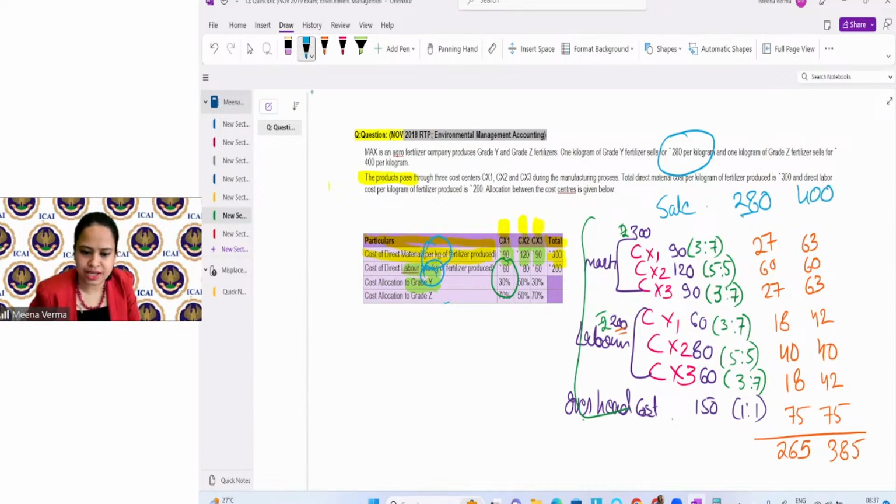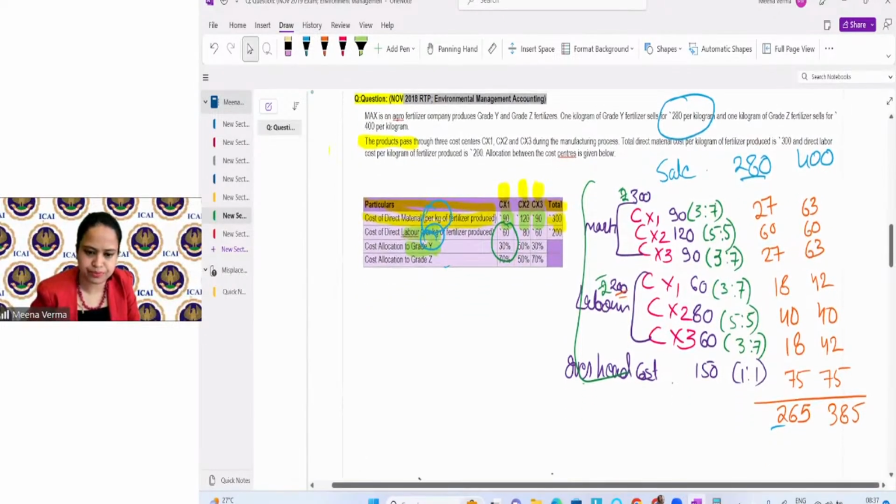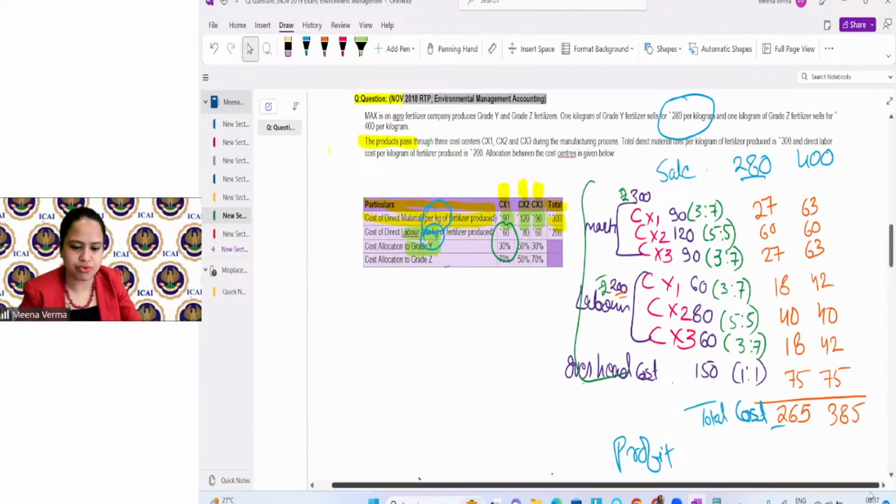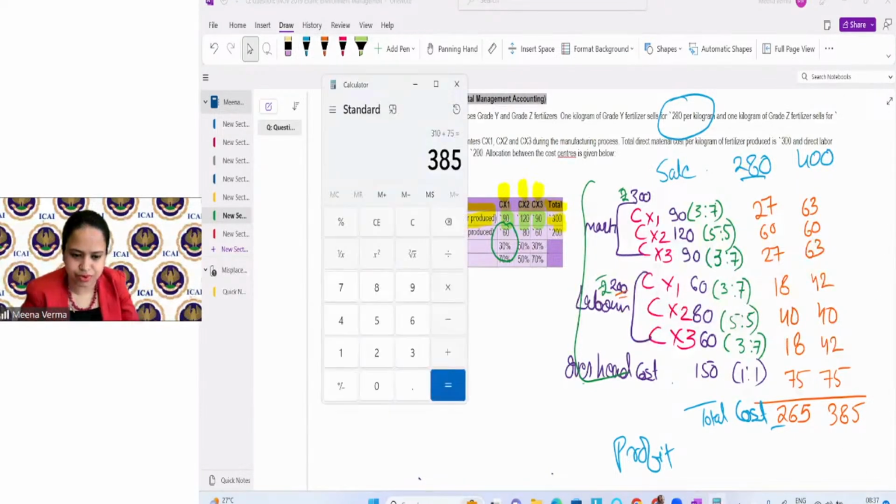So sale minus total cost will give you profit, right? So you can find the profit now. This is the total cost. Sale minus total cost will be the profit, right? Okay, let's find the profit now. 280 minus 265.